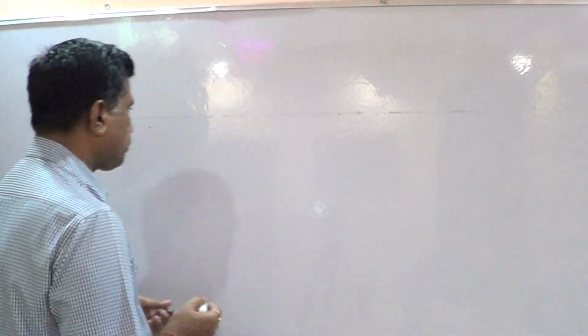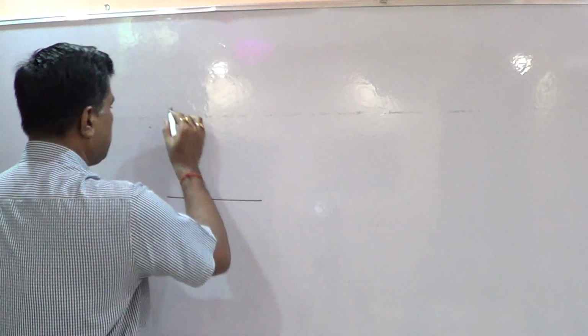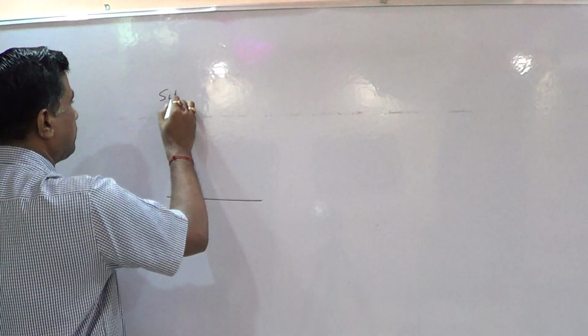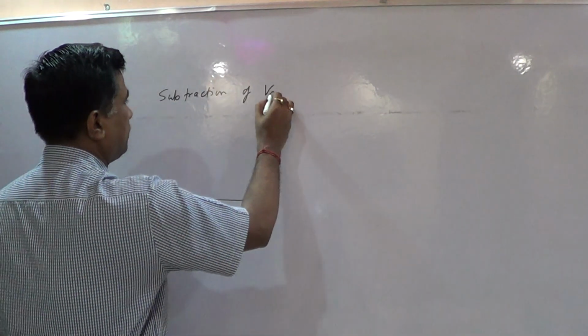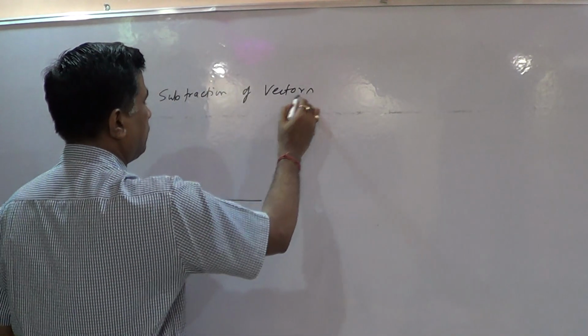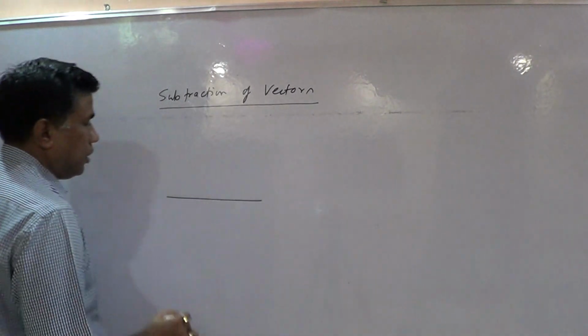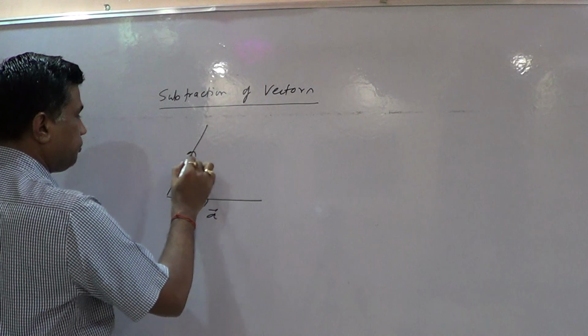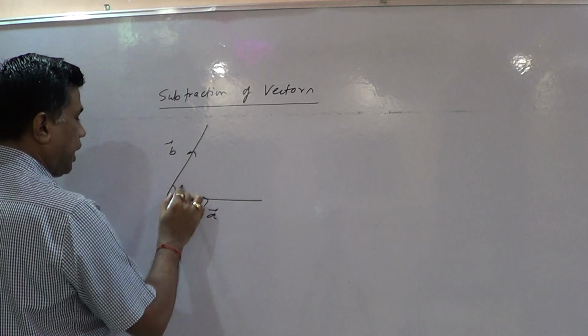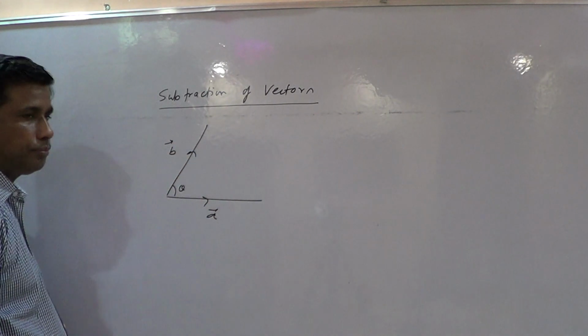So suppose you have two vectors, you can write the heading: subtraction of vectors. Suppose you have two vectors, vector A and vector B, acting at some angle theta.